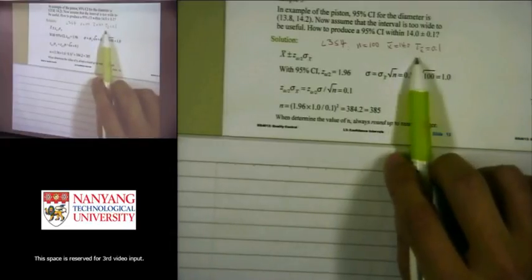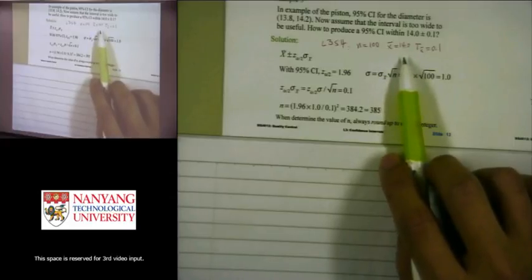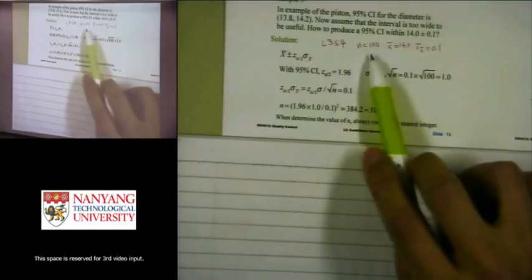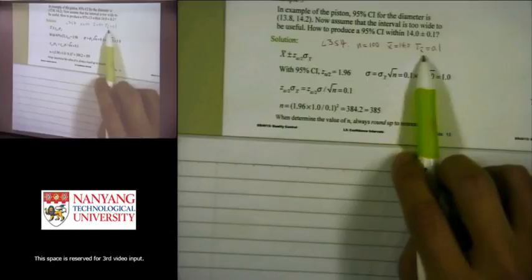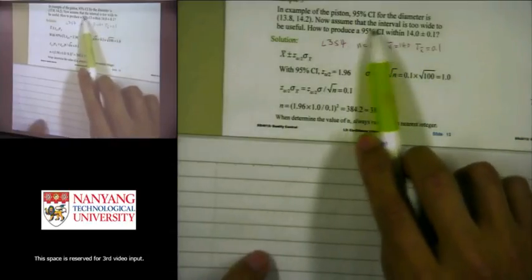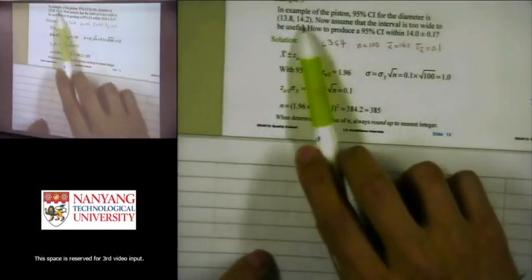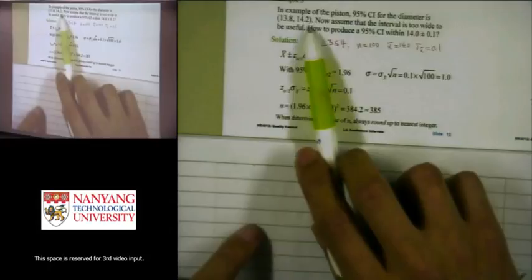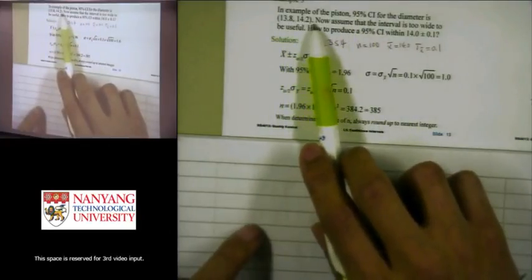If we look at slide 3 or slide 4, either slide, we can know the value for sample size, the average of the sample, and the standard deviation of the sample. Then they ask, assume that the interval is too wide to be useful. From that example, we calculated the 95% confidence interval is 13.8 to 14.2.